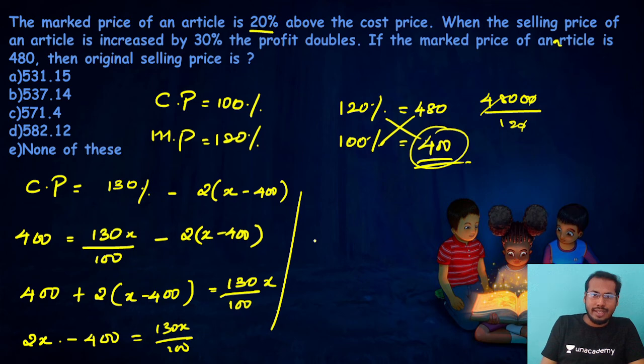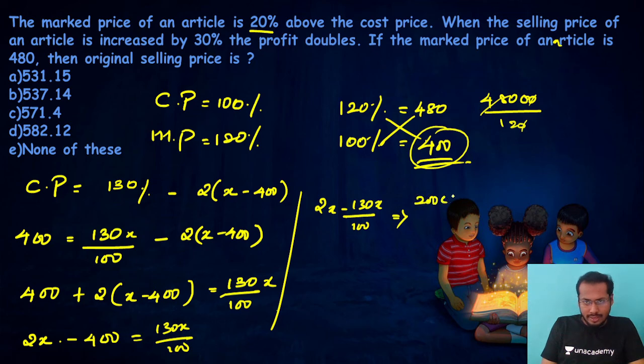Okay, so in the next step I will write 2x minus 130x divided by 100 is equal to 400. If you solve this, you will get 200x minus 130x divided by 100.